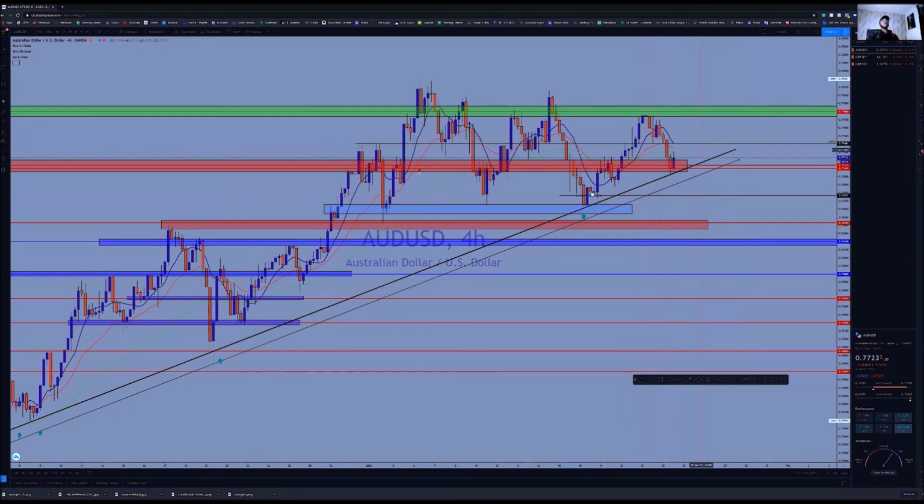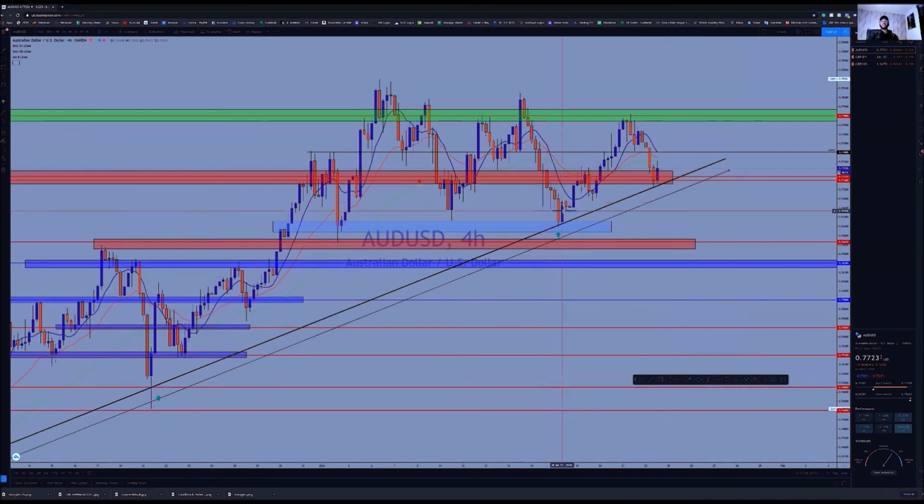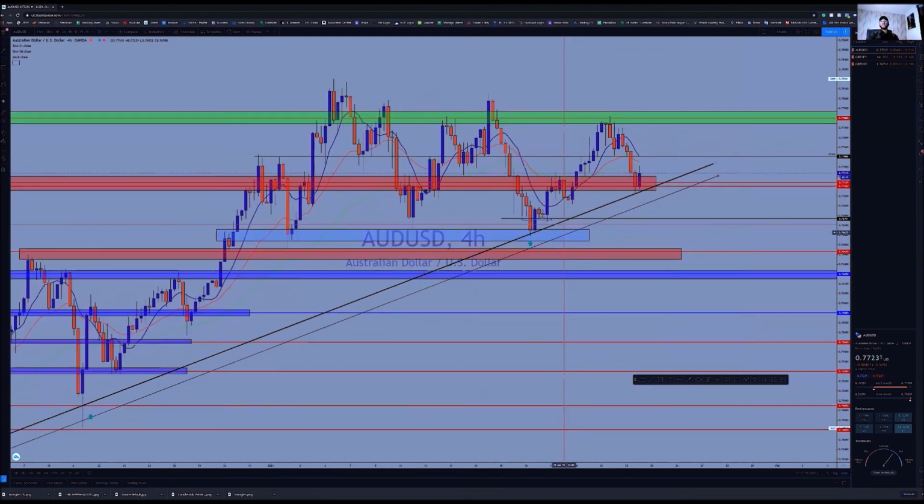So that's the trade I took this week on AUD/USD. I saw this candle initially in this trend, and then I saw price back down on the trend line and also a support zone. I just wait to see what price is doing in this zone.